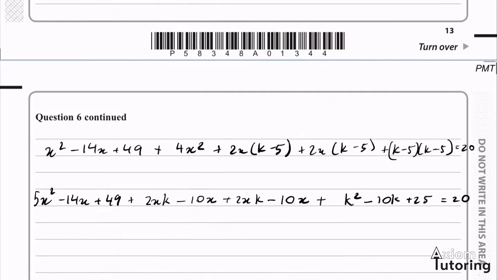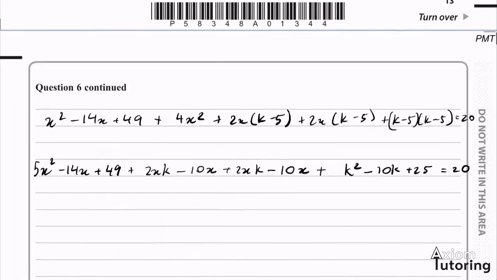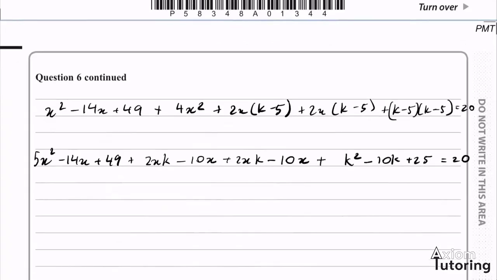Okay, so now let's try cleaning this up a little bit further, and then we can have a think about what our next step is. So 5x squared just remains how it is. We do have minus 14x here, minus 10x, minus 10x. So if we add those up, that's minus 20x minus 14x, that's minus 34x.